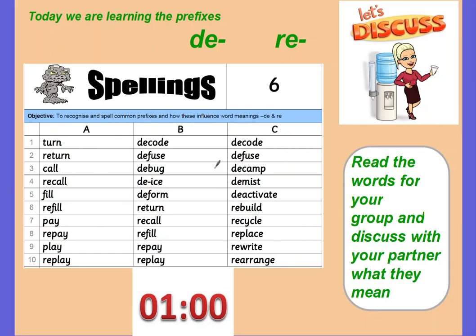And in groups B and C, you have words with the prefix dis and words with the prefix re. Just take a minute with your partner and discuss what you think re and dis mean. Just discuss what you think it means. I'll give you a minute on the clock, starting now.